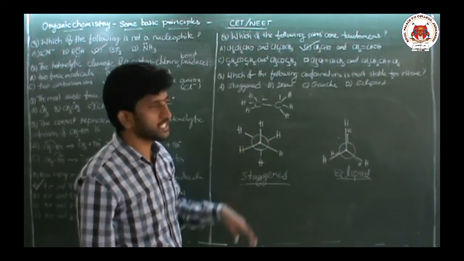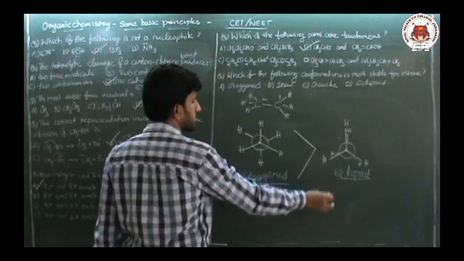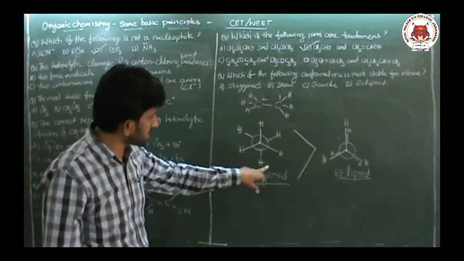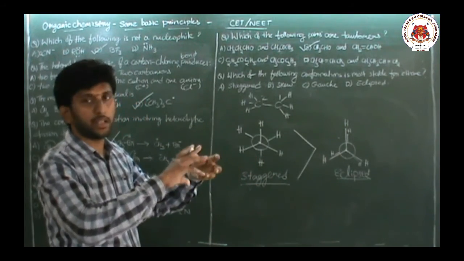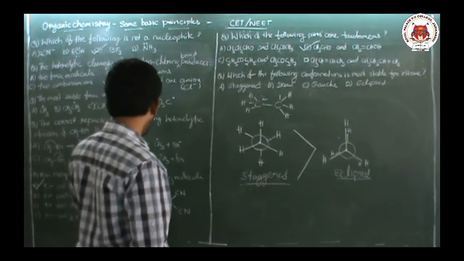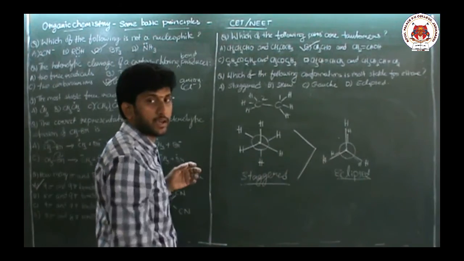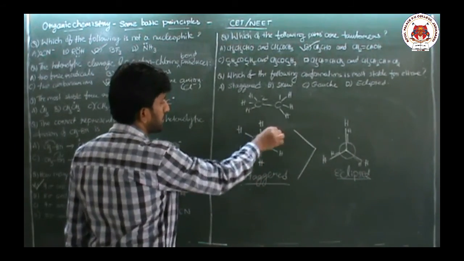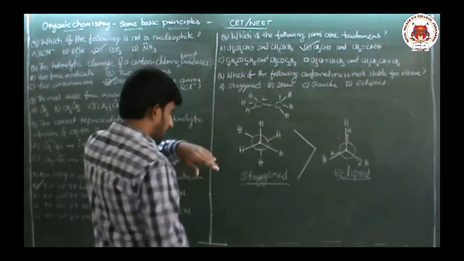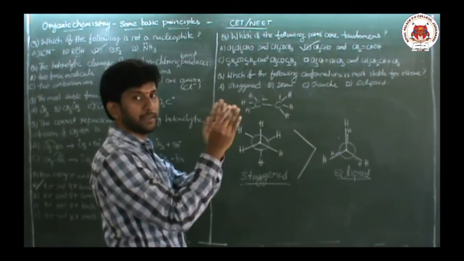Now among these, the staggered conformation is more stable than the eclipsed. Why? Because in the staggered conformation, all the hydrogen atoms are arranged far from each other, so there is less repulsion between the atoms. But here, the backside group and front side group are on the same line, so they can repel each other.